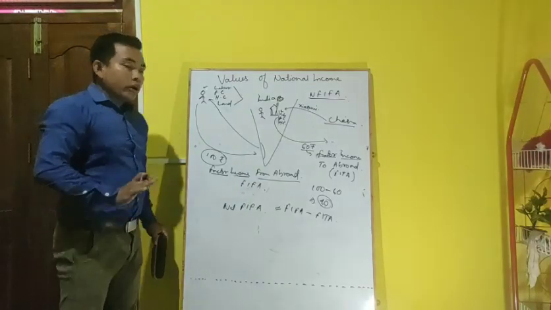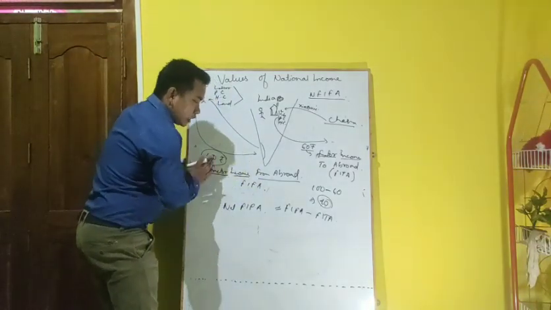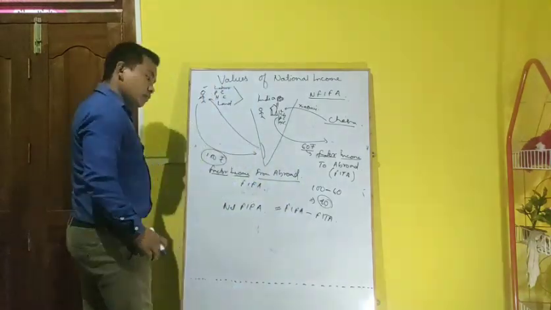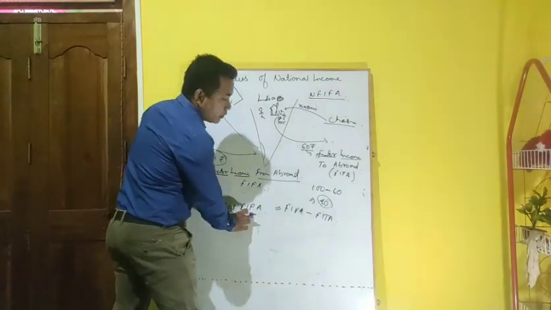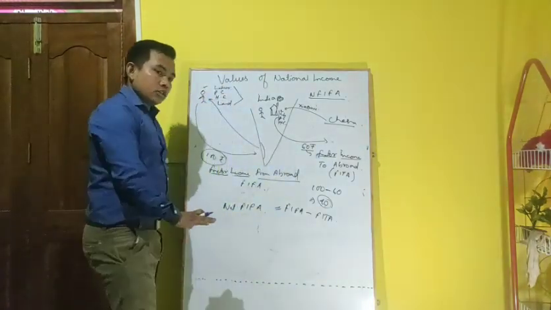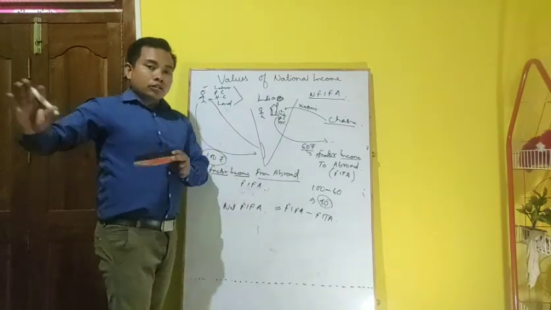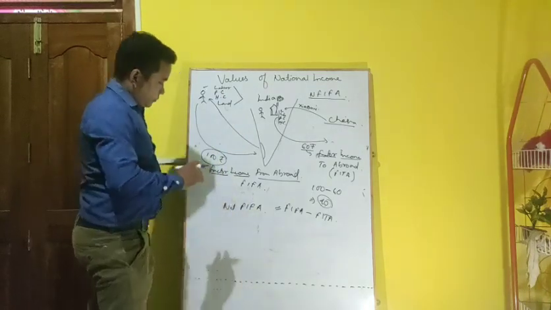In examination, it is quite tricky because NFIA simply means the difference between FIFA and FITA. But in examination, if the value of NFIA is given as minus 40, then there is a whole new meaning for that. But that will be in another video. For the time being, let's stick to the basics only.